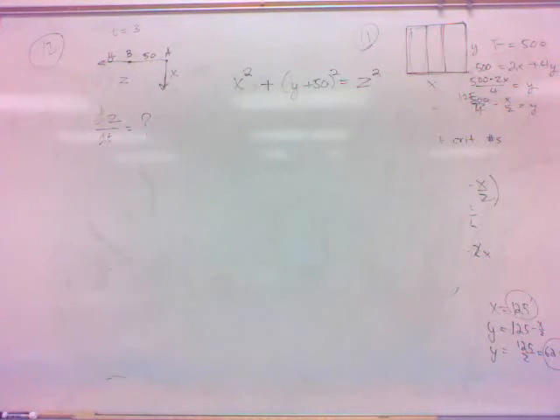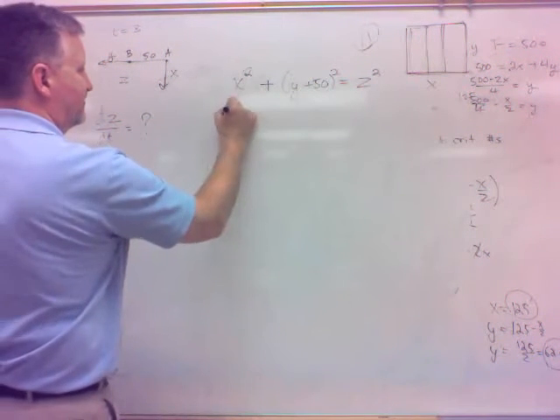So x squared plus y plus 50 squared equals z squared, this is my equation. Now, I do know the times, and I could figure out x and y here, but I don't want to do that. Don't substitute until you do what? Take the derivative.